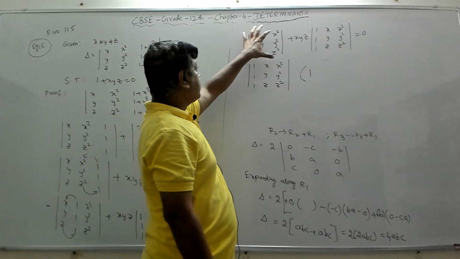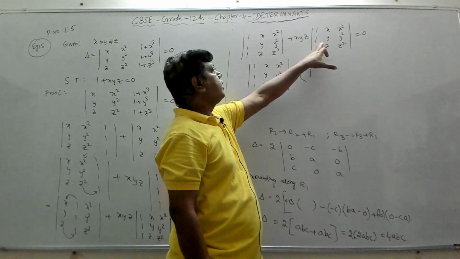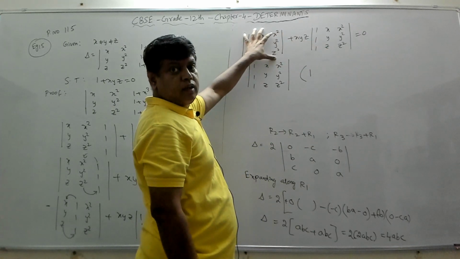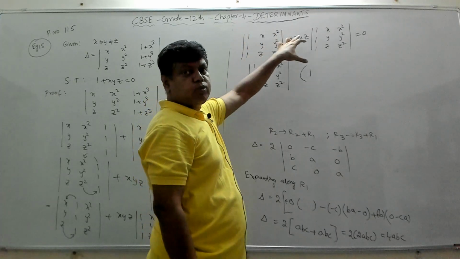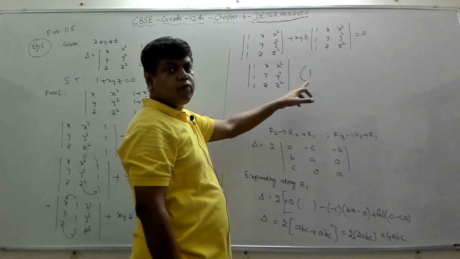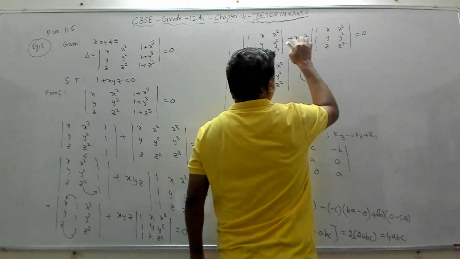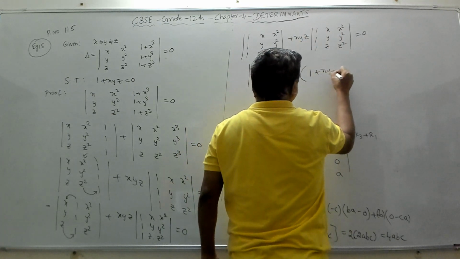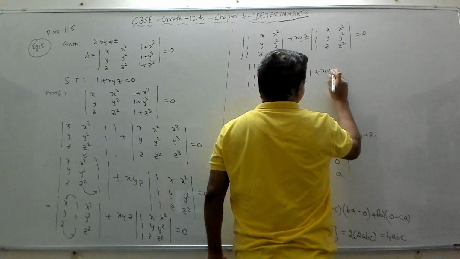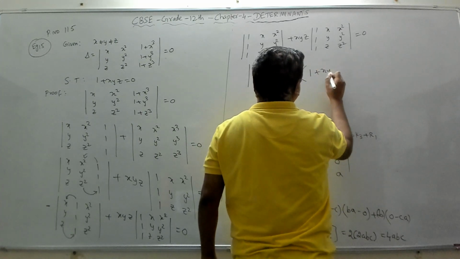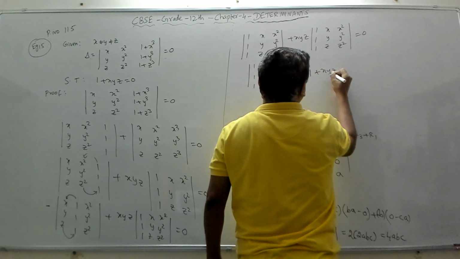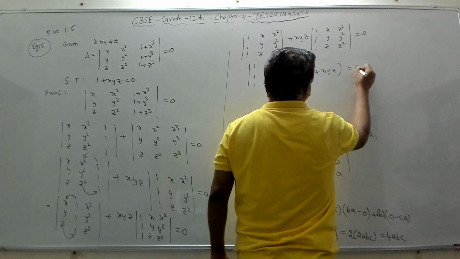It's something like a plus xyz into a. If I call this a, the entire thing is a plus xyz into a. So if I take a common, I'll get 1 plus xyz equal to 0.